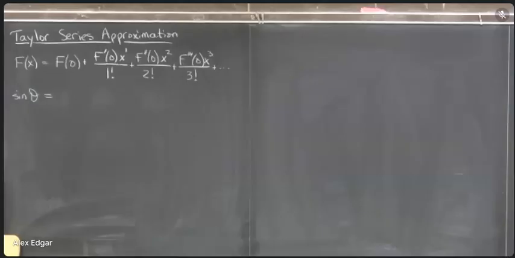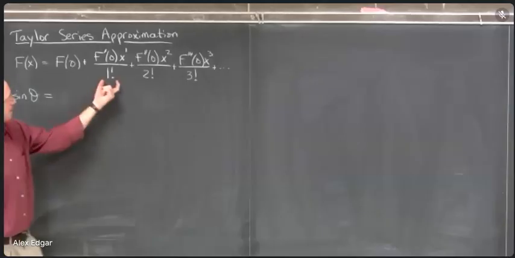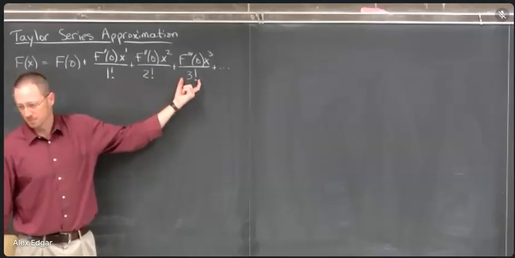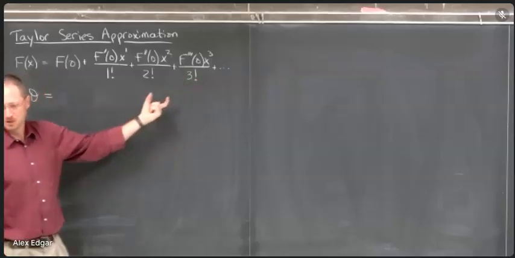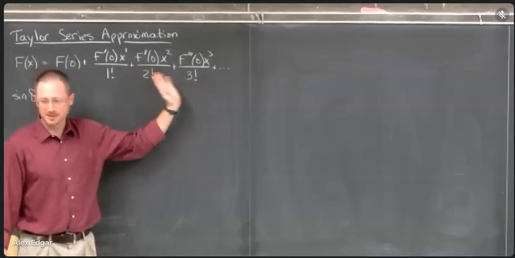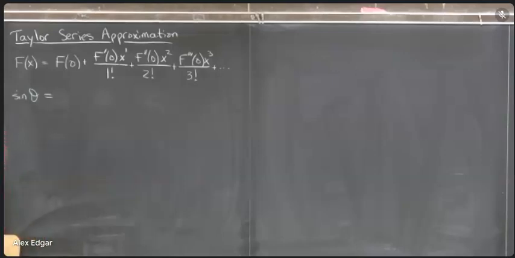Now, if you take a look at this, we're going to be dividing by bigger and bigger numbers. So by the time you get down to the 9th factorial, dividing by 9 factorial makes that term very, very small. And so you're only going to want to take it down to the 9th term if you really need a lot of precision.